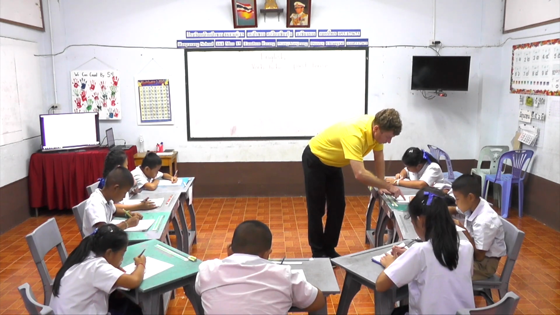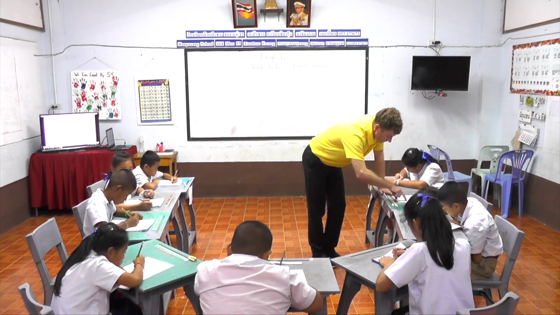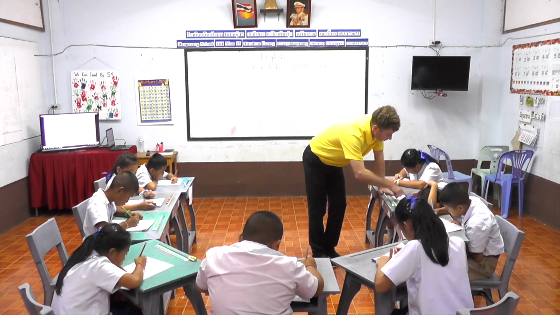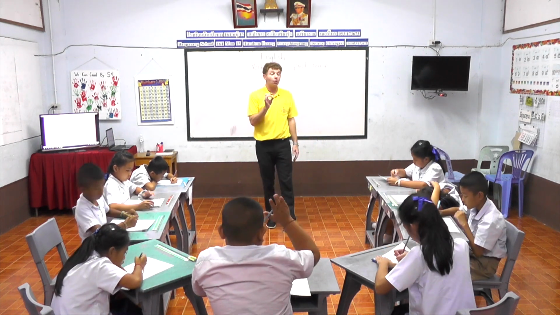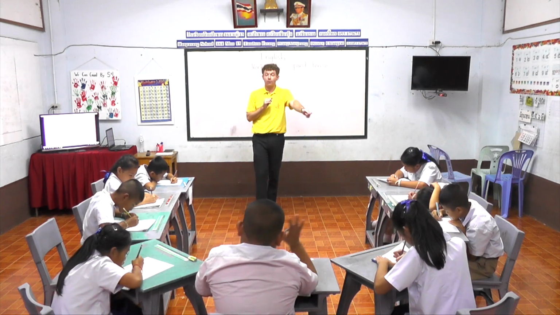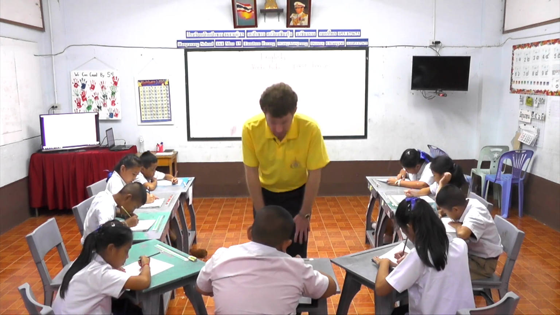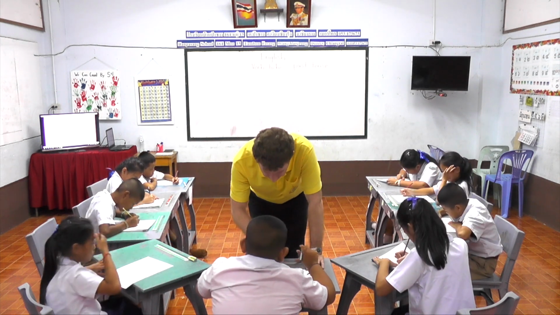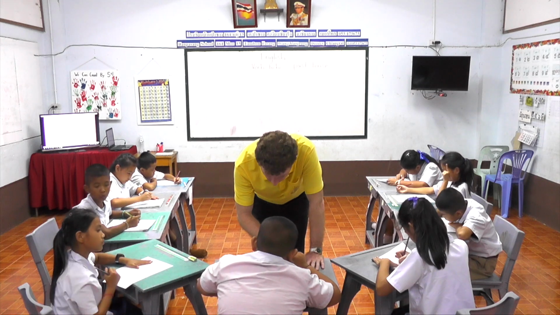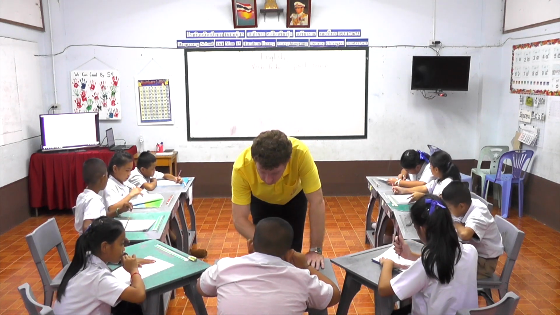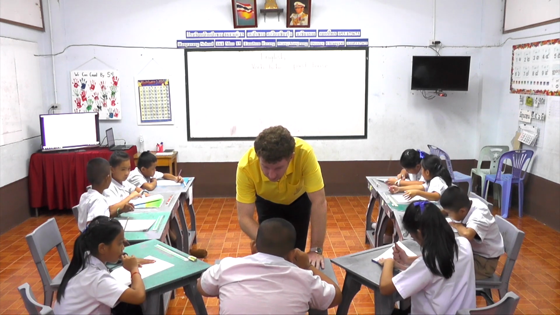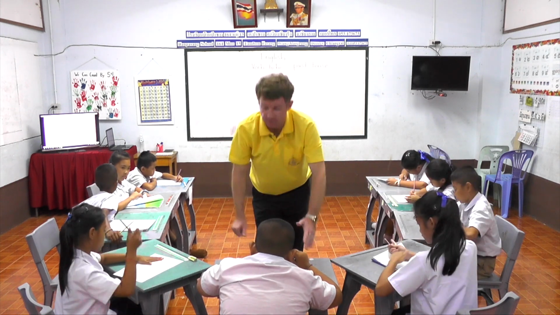Remember, with you, we use where? Who, but with who? Not who were. Who was? Who was? Excellent, Ned. It was very cold yesterday. And then, but with they, not was, we use where. They were.